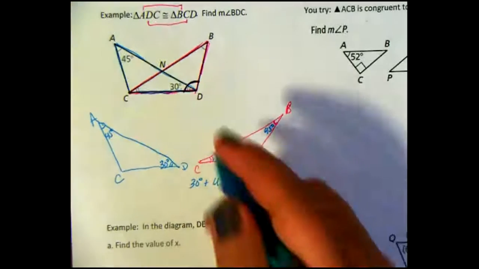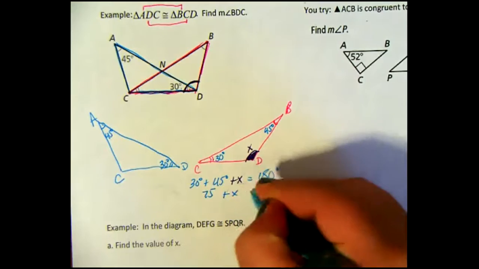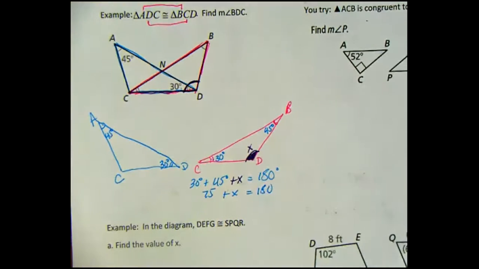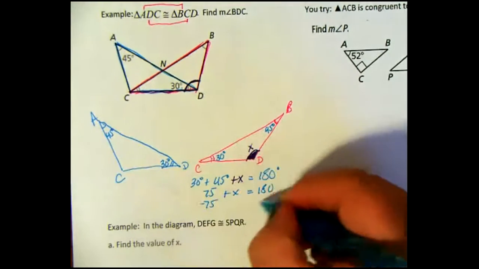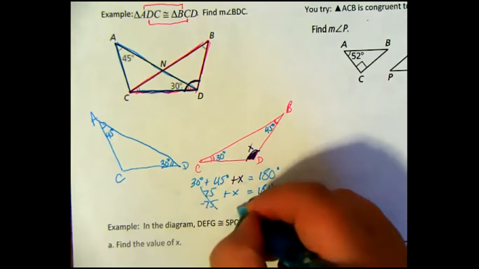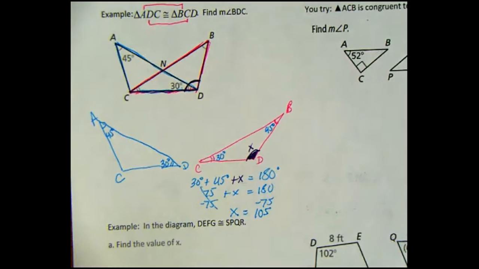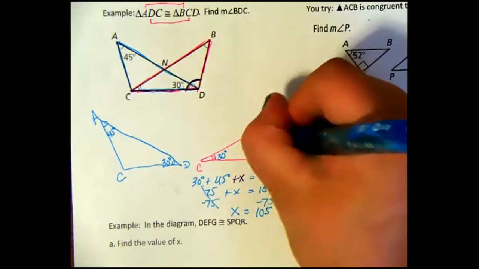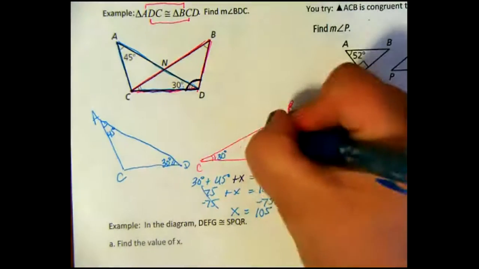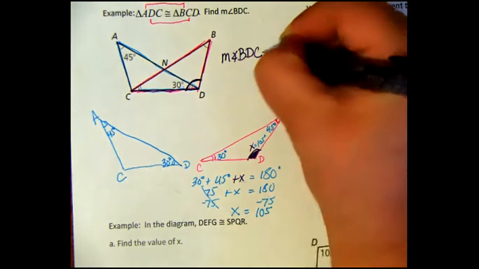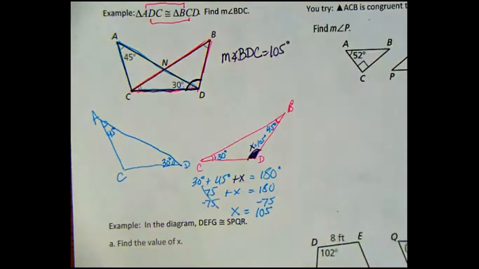Combine like terms, I have 75 plus X equals 180. Subtract 75 from both sides. I get that X is equal to 105. So what does this mean? That means this guy equals 105 degrees. So the measure of angle BDC is equal to 105 degrees.